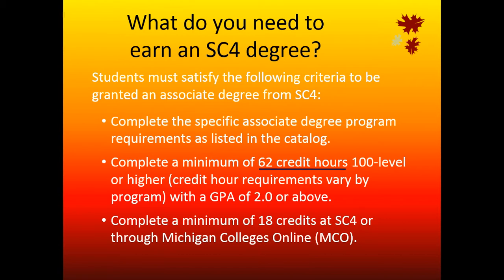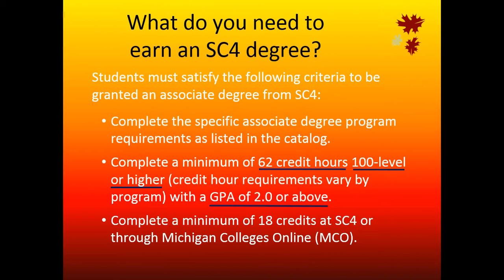You must complete a minimum of 62 credit hours of 100 level or higher courses with a GPA of 2.0 or above. Now, the grade point average is a cumulative average, so you can get a low grade in a class. A D is a 1.0 grade point average, if you will. That's okay.